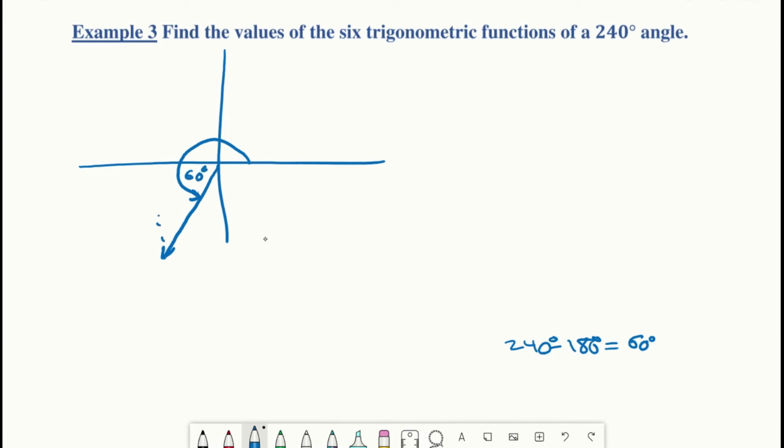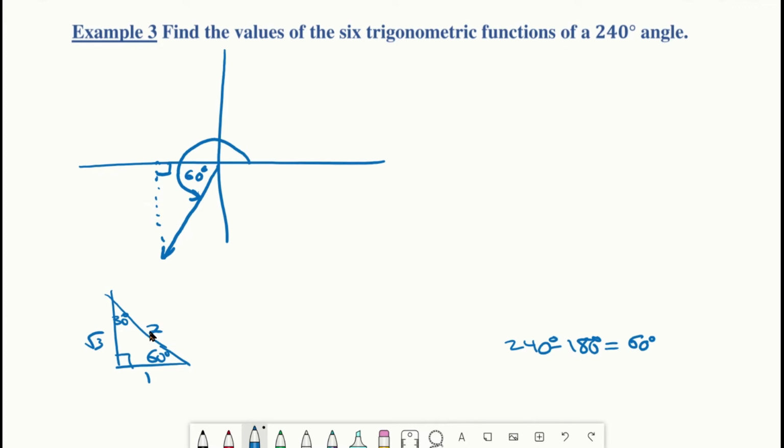So go ahead and make your right triangle like you normally would. What we're going to do is use our reference 30, 60, 90 triangle, but in a more efficient manner, in the sense that I'm just going to take these numbers 1, square root of 3, and 2, and place them on this graph in a very consistent way.